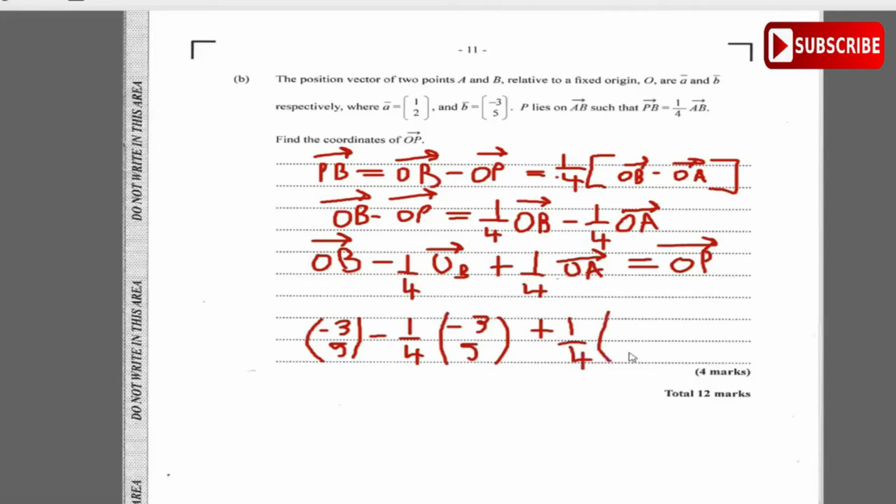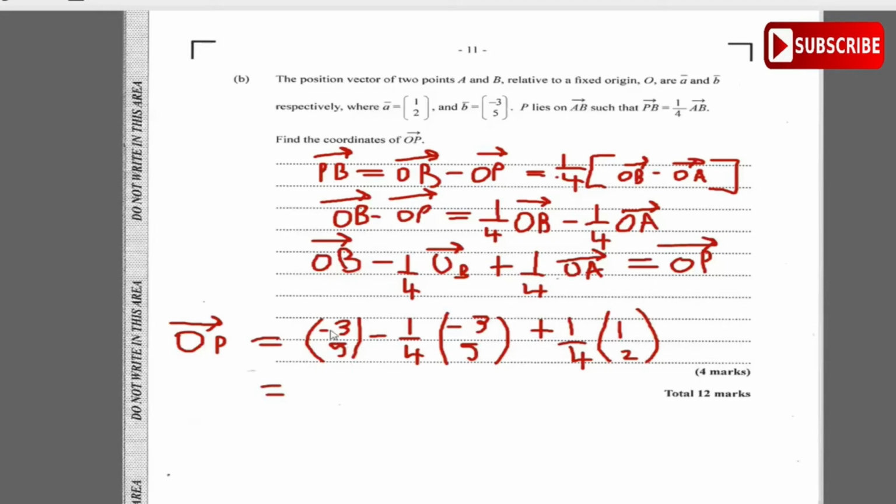And that will give me vector OP. But it said find the coordinates of OP, so I can't stop here. I have to actually work it out, so let's simplify it.